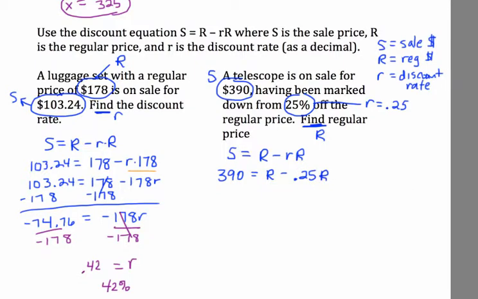Okay, let's take a look at this. We need to simplify, right? Add our like terms. We have a plain old R and a negative 0.25R. Remember that a plain old R has a coefficient of 1. So it's like saying 1 minus 0.25. Think money. If you had $1 and you took away 25 cents, you'd be left with 75 cents, 0.75R.